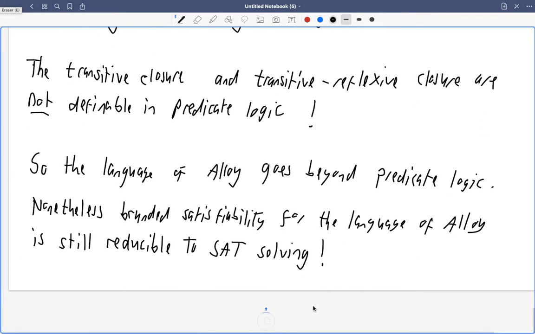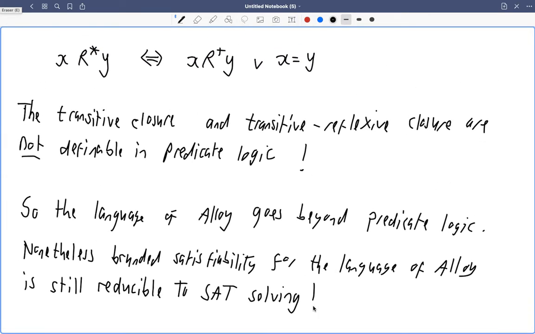Now, I'm not going to tell you how that's done, but the idea of reducing bounded satisfiability to SAT solving is very powerful, and so can also be used for more expressive logics than predicate logic. And Alloy is already giving us a more expressive logic than predicate logic, and that's useful because, as we saw, it's a useful property to assert of a file system that every element is reachable from the root directory.